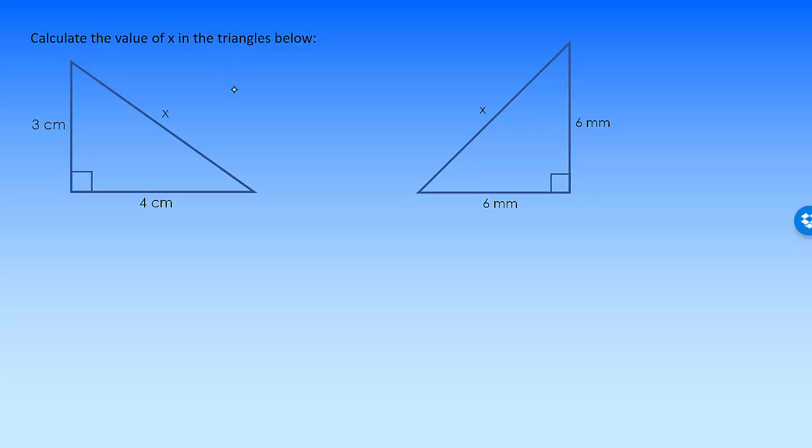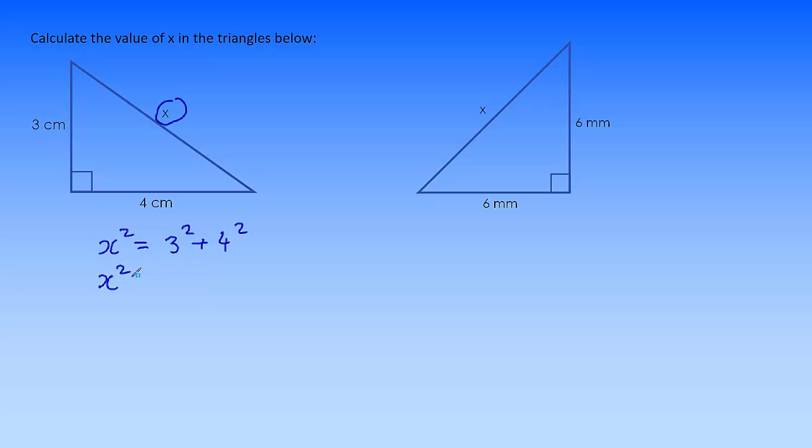Calculate the value of x in the triangles below. So we can do this using Pythagoras' theorem. We can see that x is the hypotenuse, the longest side. So x squared must be equal to the other sides squared and added.